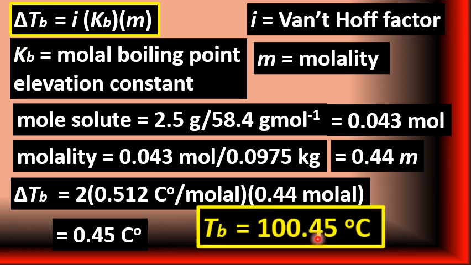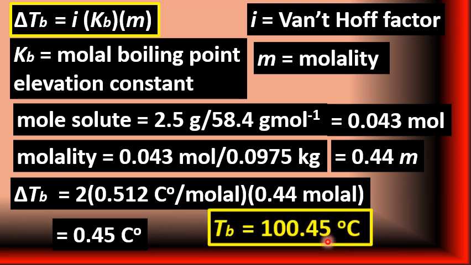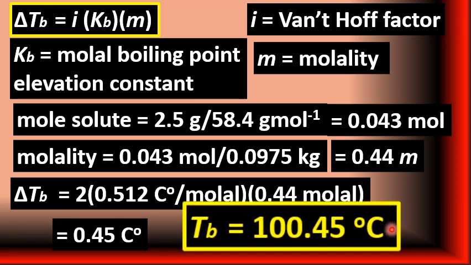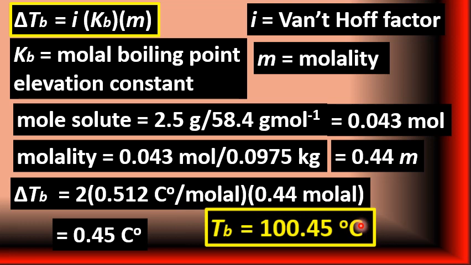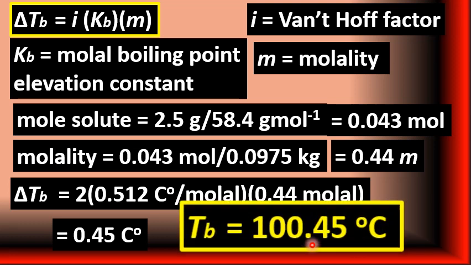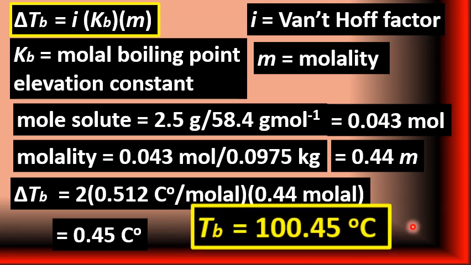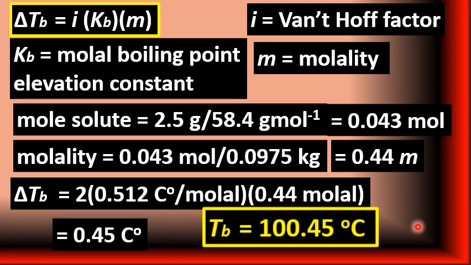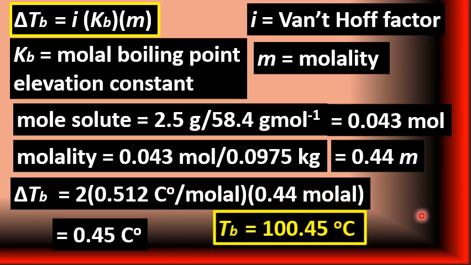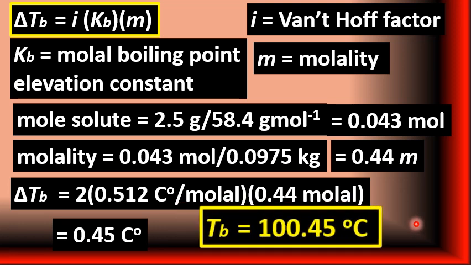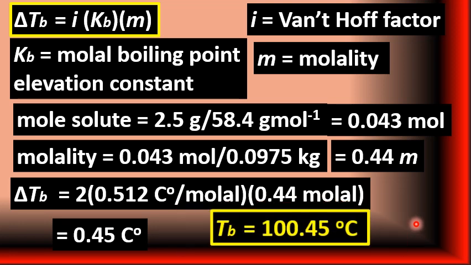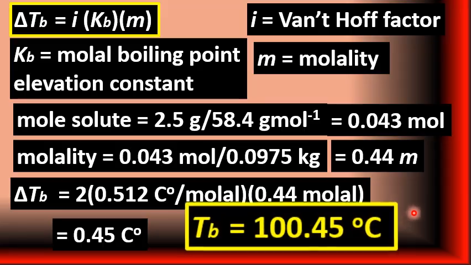So this is the boiling point of the solution. And we also emphasize that this boiling point is at an atmospheric pressure equal to 1 atmosphere, or 1 times 10 to the 5th Pascal. That is the atmospheric pressure at sea level.